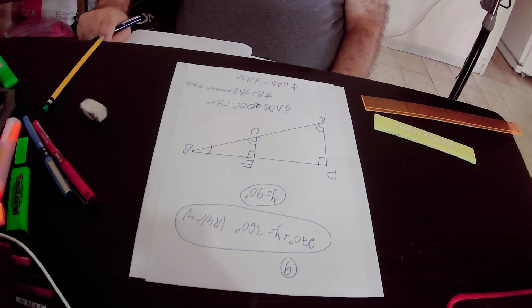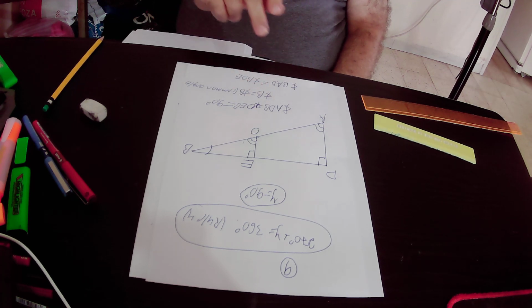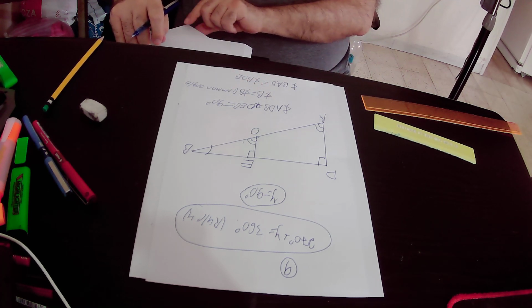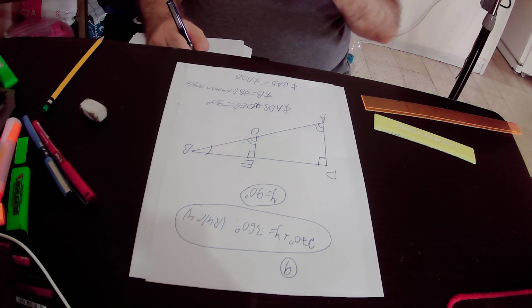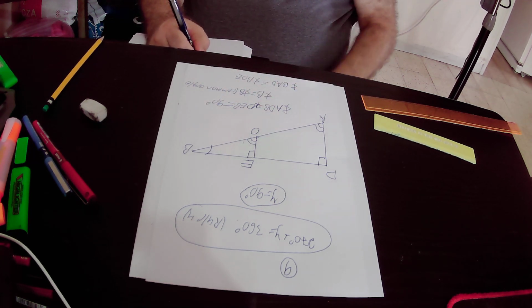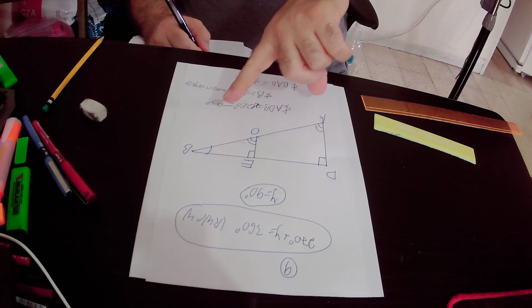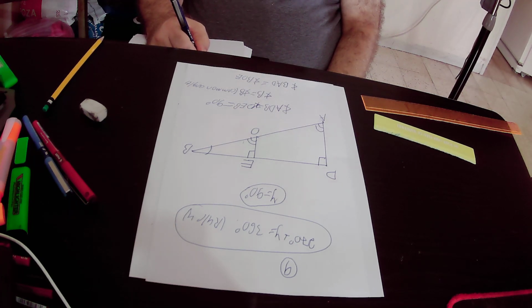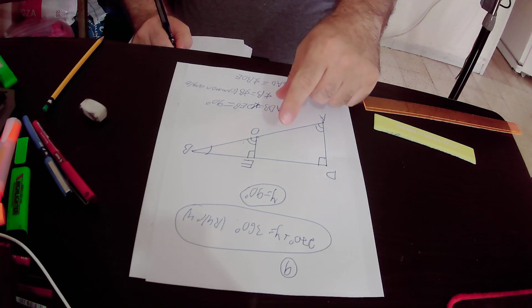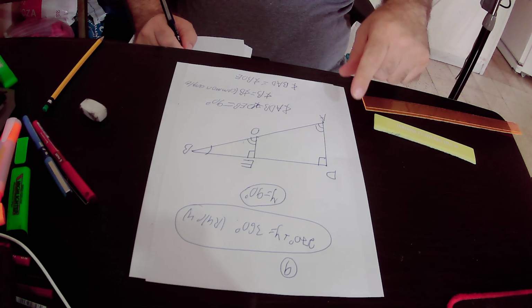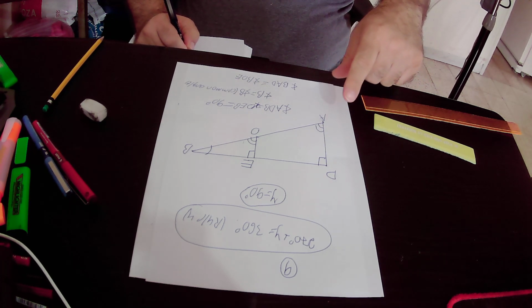Okay, so from this similarity between those two triangles, the following relationship exists between the sides of those two similar triangles. The relationship is that OB, the side of the small triangle, over AB, the side of the big triangle, equals OE, the side of the small triangle, over AD, the side of the big triangle.